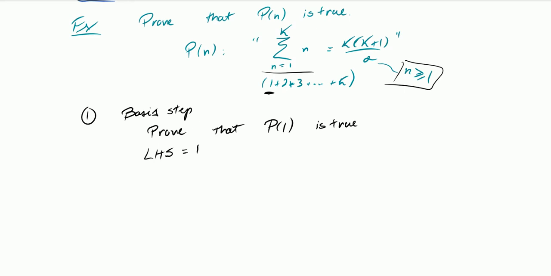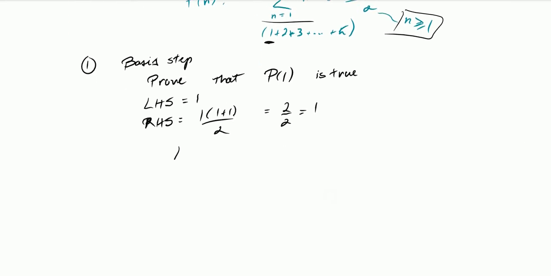For the right hand side, I need to evaluate k at 1, so I'll write 1 times 1 plus 1 over 2, and that's equal to 2 over 2, which is equal to 1. Clearly you can see that the left hand side is equal to the right hand side, and so I've proven the basis step, or the basis case.